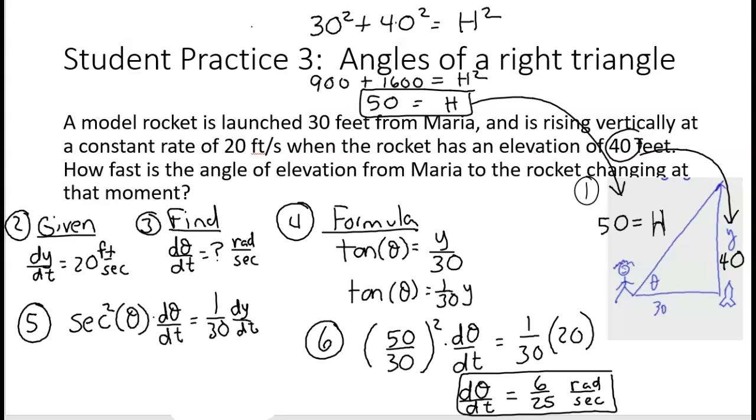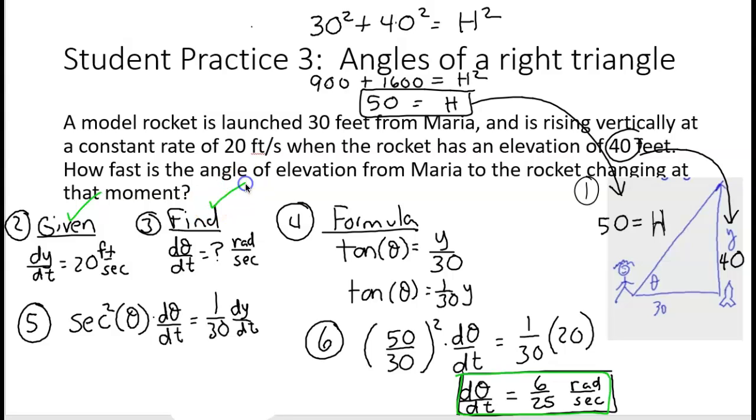All right, guys, so here's the final answer that I'll box up in green down here at the bottom. You should have gotten 6/25 radians per second. So your given rate is dy dt, which is 20 feet per second. That's how fast the rocket's going up.